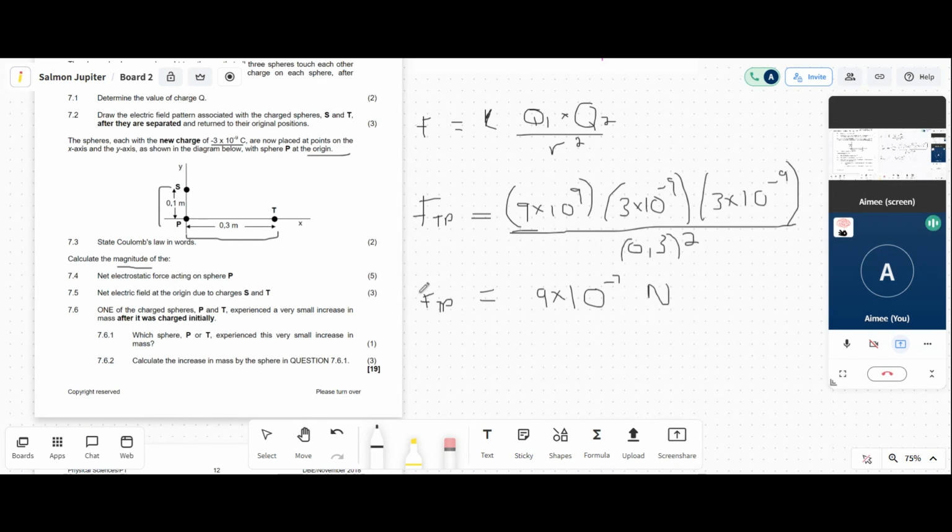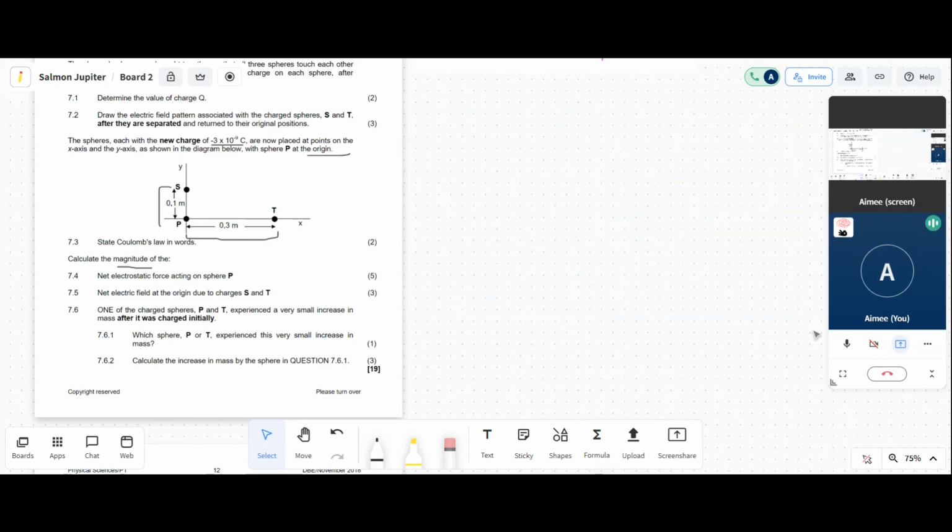Again, remember it's electrostatic force, so our unit is newtons. And now we go and we draw the same Cartesian plane, but with the information that we've just calculated.